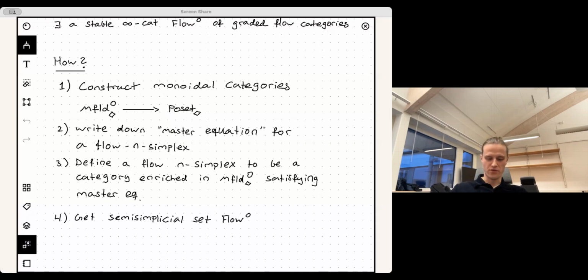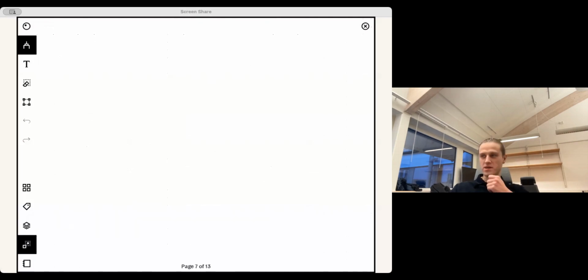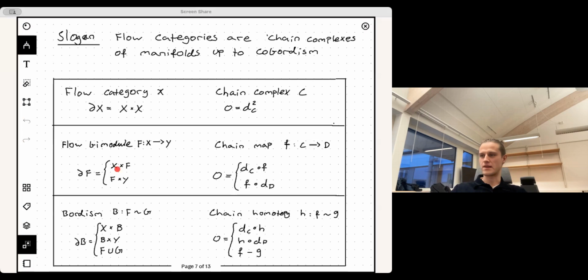So any type of master equation, like the ones we see on the left here, we should be able to write down as some kind of object in this category Poset. At least as soon as you specify the set of objects in X and the set of objects in Y, then there should be some natural poset which encodes all of these relations.